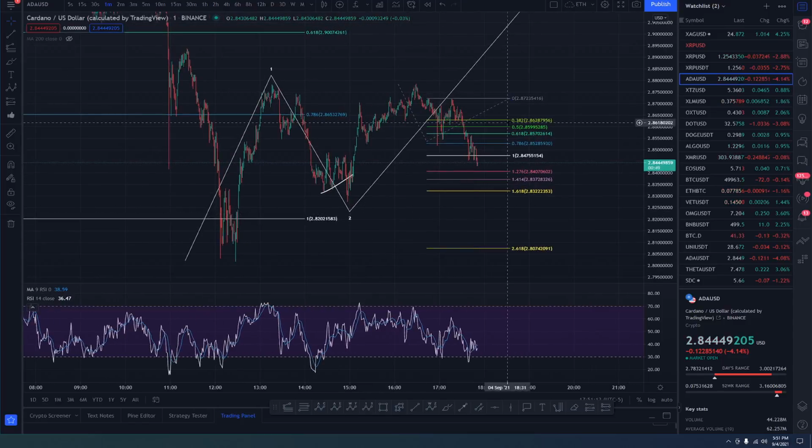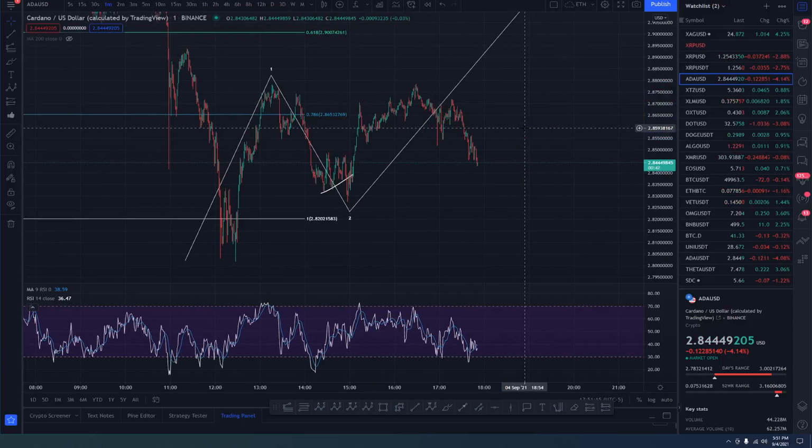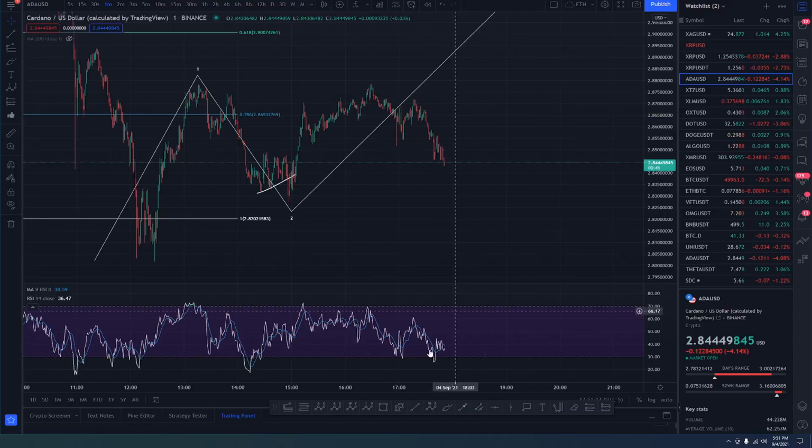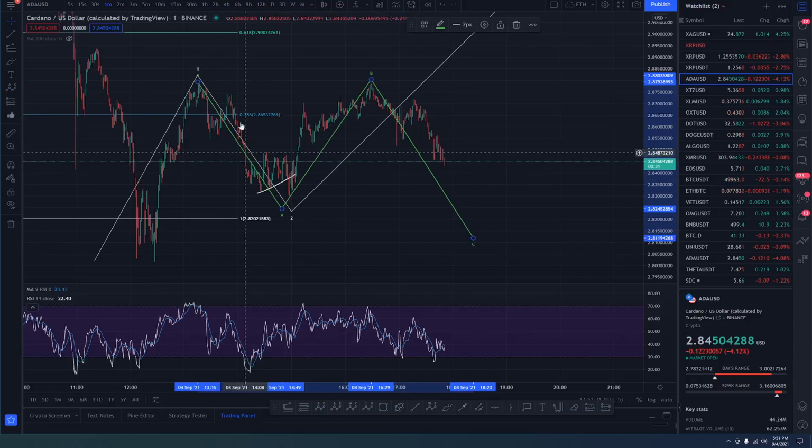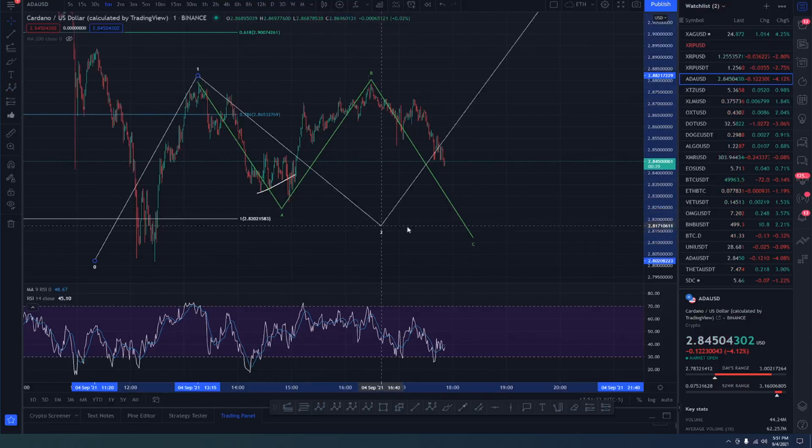Now what this could be, I guess, and this would be really tricky of them, but this is what makes trading hard. This could be an A, that could be B, and we could be getting a C wave that comes down and retests this, and the 2 I bring over here.